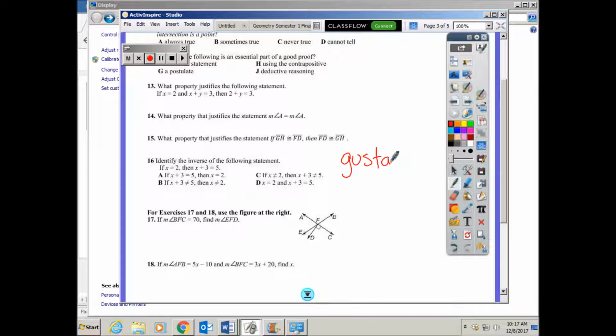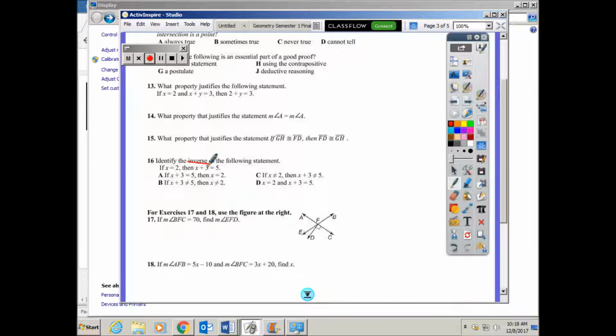The verb gustar actually means to please. So when you say like me gusta pizza, and you're saying I like pizza, you're really saying pizza is pleasing to me. Okay, well I just gave you a little Spanish lesson. So, I don't know, okay.